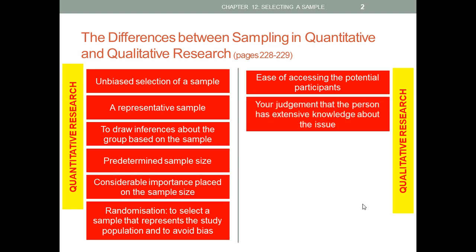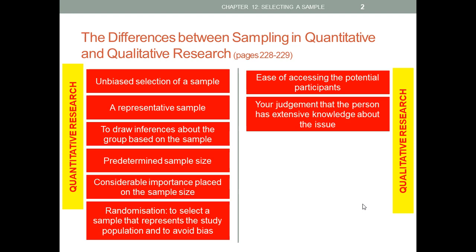Another difference between sampling in quantitative and qualitative research is the researcher's judgment that the participants have extensive knowledge about a particular research topic.